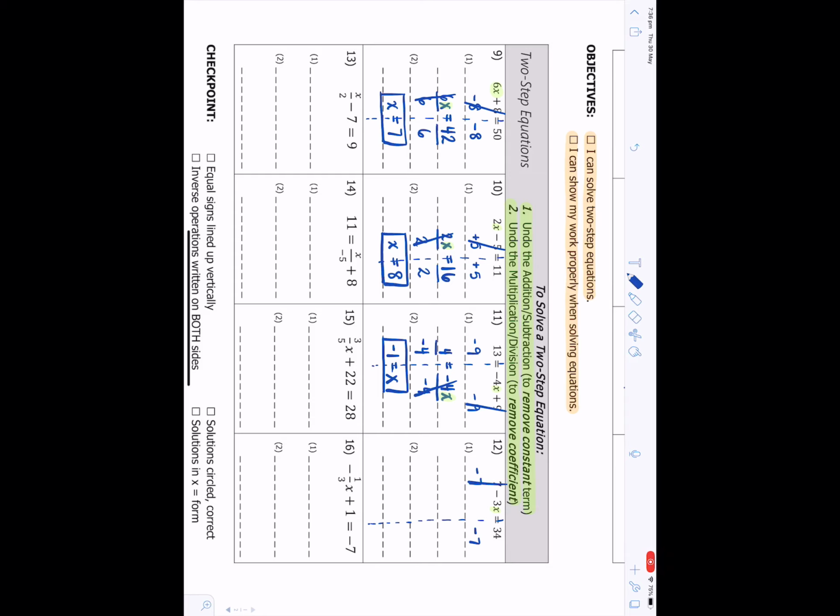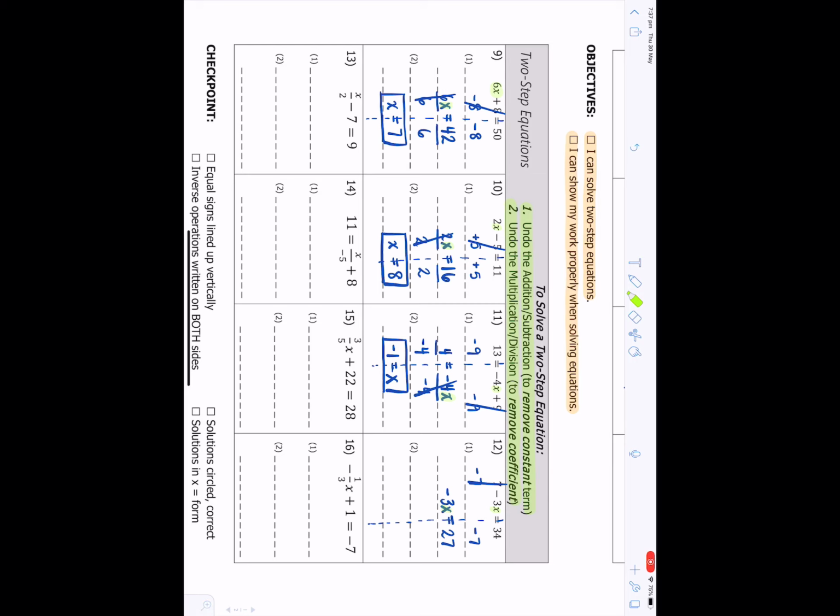Now, the 7s will cancel out, and let's look at what's left over. There is a negative 3x left over equals 27. Now make sure that you don't lose the negative. The negative belonged to the 3, and we haven't done anything with it, so we still have a negative 3x right now.